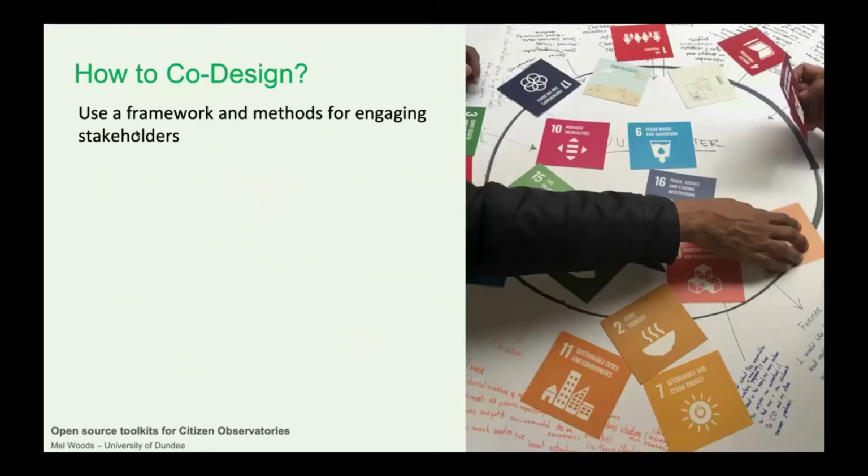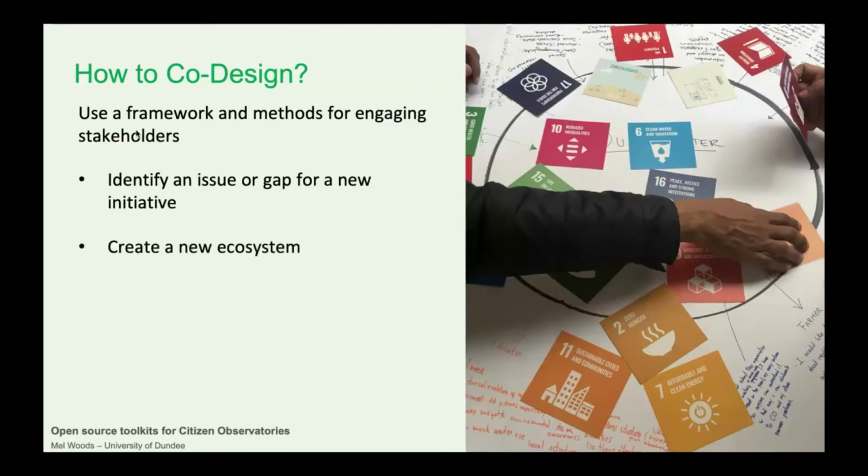So we have a framework and methods for engaging stakeholders. They often identify an issue or gap for a new initiative at local level to create a new ecosystem. And here on the right, you can see an image of people working together to look at the way data might move in and out of a particular initiative. And here it is around food and hunger and drought.